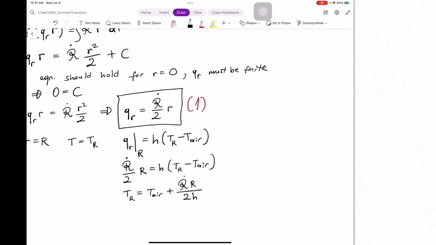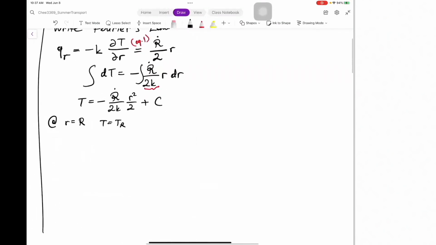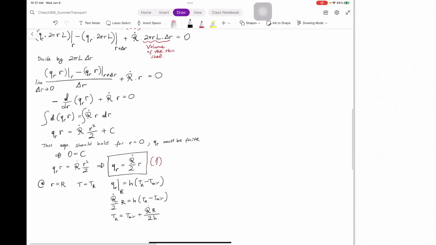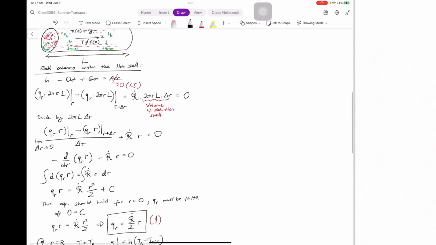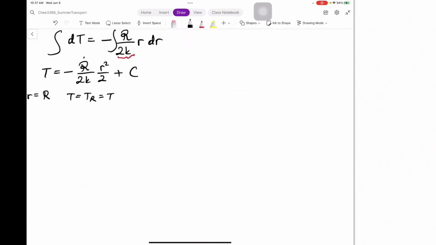Temperature at R. Yep. T is equal to TR, which is basically equal to T air plus fancy R, capital R, over 2H.